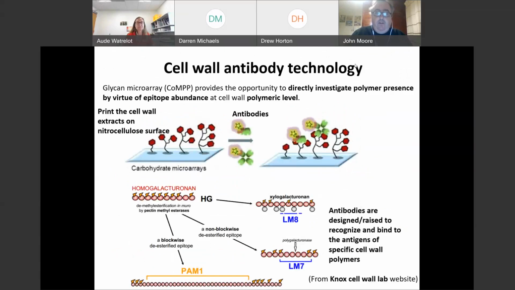Plant cell wall scientists such as Paul Knox in Leeds and Michael Hahn in the United States have developed monoclonal antibodies against a range of different plant cell wall polymers. And you can use specific antibodies to pick up specific epitopes, which infers the structure of the main polymer that's present in the sample.